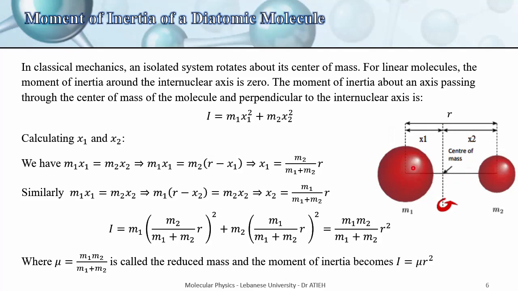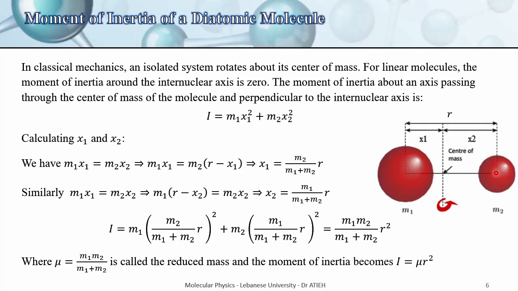No rotation is considered along the internuclear axis because simply the moment of inertia around this axis is zero. Remember that I equals the summation of m_i x_i squared, and because the distance of m1, the first atom, from the internuclear axis is zero, and similarly atom 2 has zero distance from the internuclear axis, the total moment of inertia of the molecule around this axis will be zero.